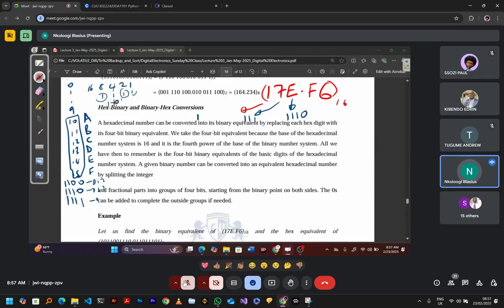So 11 will be 1, 0, 1, 1. That will be 11, right? Yes. And the 10 will just be 1, 0, 1, 0. Like that. Okay, so let's move ahead. What about the F here? It is 15.